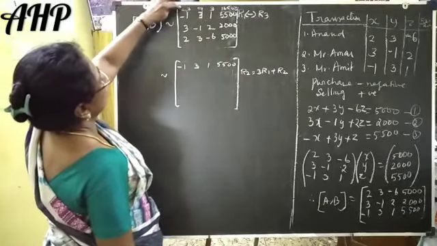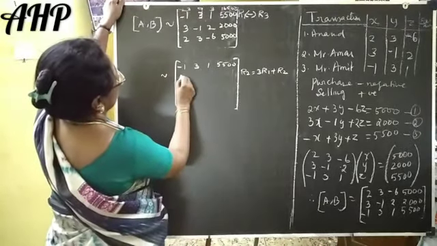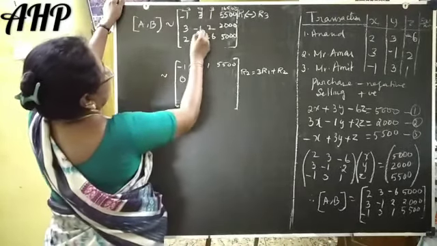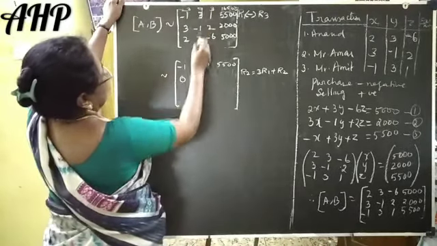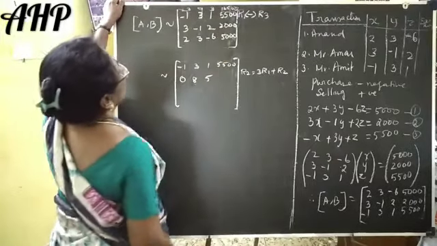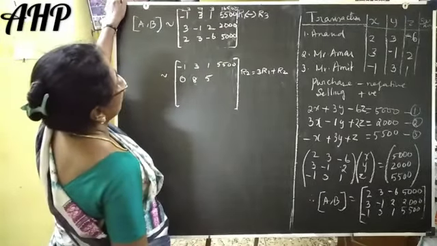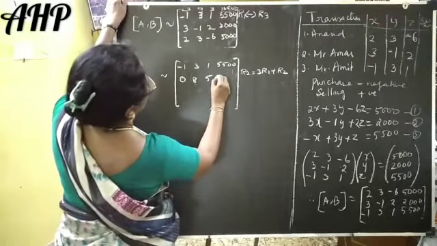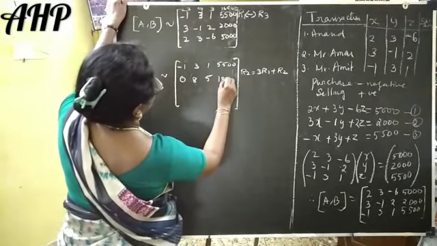So adding these two gives you -3 plus 3 gives 0, 9 minus 1 gives 8, 3 plus 2 gives 5. Now 16,500 plus 2,000 gives you 18,500.